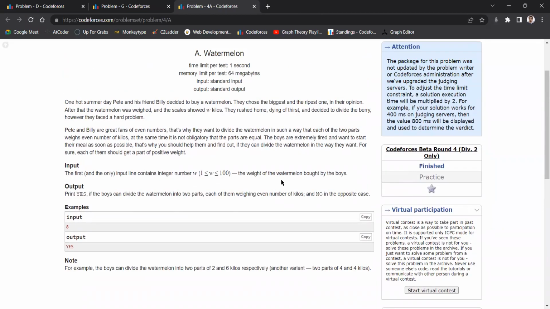So let's move to the next problem, that is watermelon. Has everyone read this problem before coming to the class? Yes, everyone understood this problem pretty well, I think. So the problem says that we have W kilos of watermelon.